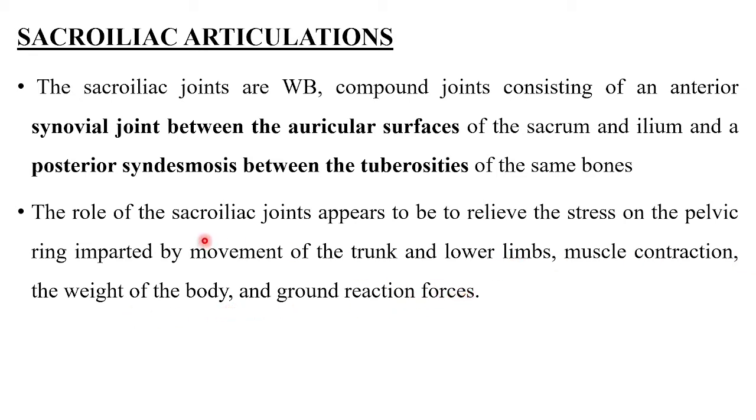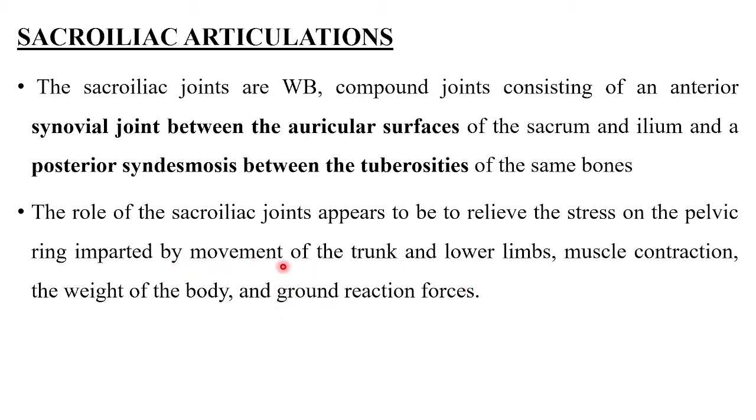The main function of the sacroiliac joints is to reduce the stress on the pelvic ring, because the stress occurs mainly because of the movement of the trunk and lower limbs, muscular contraction, the weight of the body, and ground reaction forces.